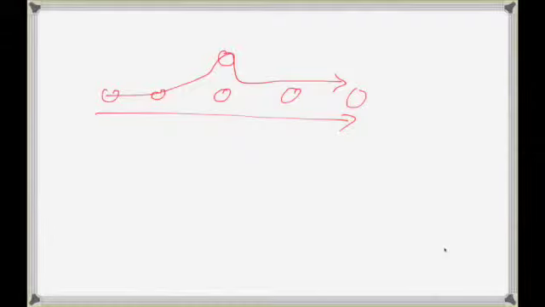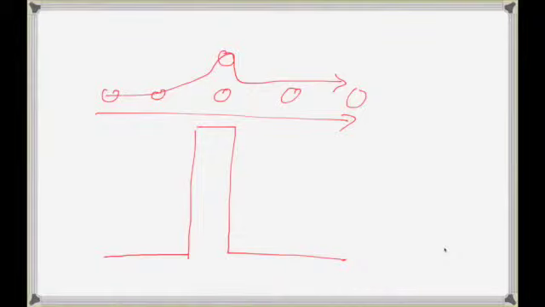Another system that we saw it in was the tunneling through this system here, a gallium arsenide, aluminum arsenide, with an aluminum arsenide barrier.